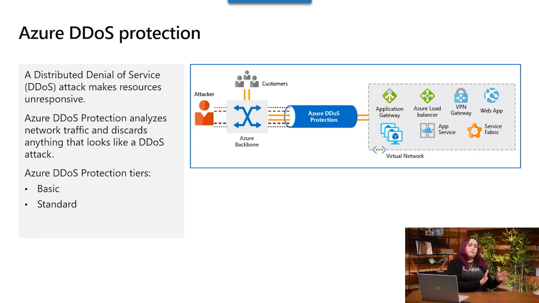This is what we consider the basic tier. But let's say, for example, you needed a more advanced tier, maybe you had some business critical workloads, you can select what we call the standard tier. Now, this one does have a little bit more of a cost associated with it. Unlike the basic tier, it's going to give you extra mitigation and monitoring tools, and that's the reason for the elevated cost.